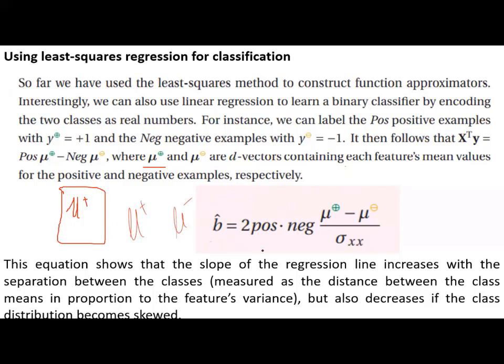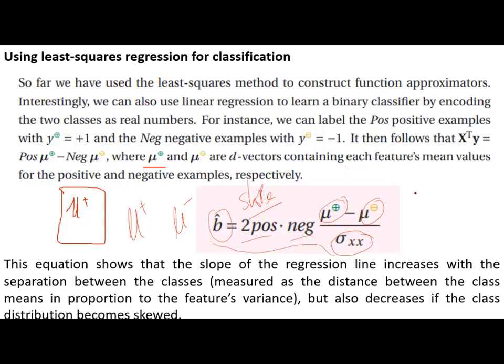Now coming to the formula, we can write the slope b hat as 2 times mu plus minus mu minus divided by rho square x, the variance of x. This equation shows that the slope of the regression line increases.